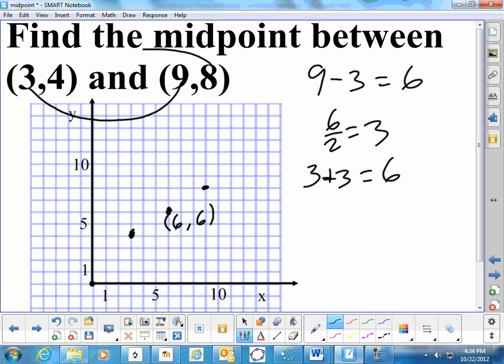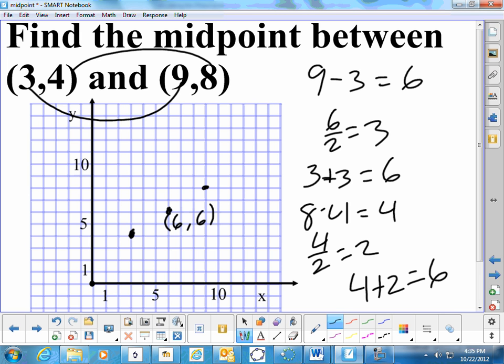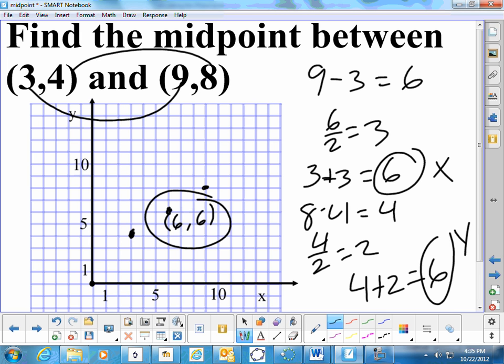And 8 minus 4 is 4. Half of 4 is 2. So if I start at 4 and go 2 towards 8, so these 2 points for x and y match what we found graphically.